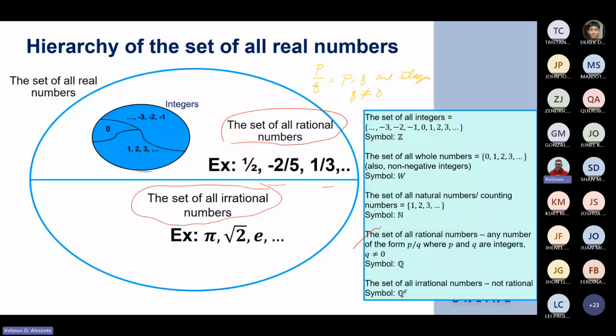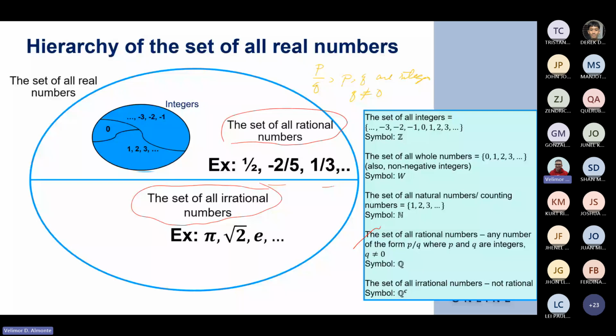Okay, so I have a question here. How come the set of integers is a subset of the set of rational numbers when I don't see fractions at all in the set of integers? How do you explain that? Anyone? If you want to use the microphone, just raise your hand first.